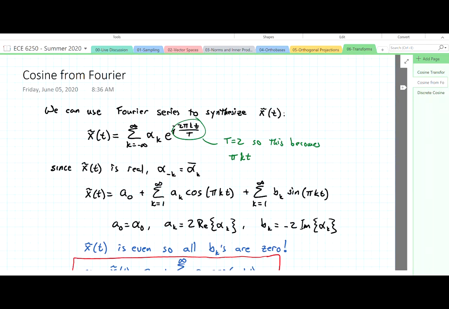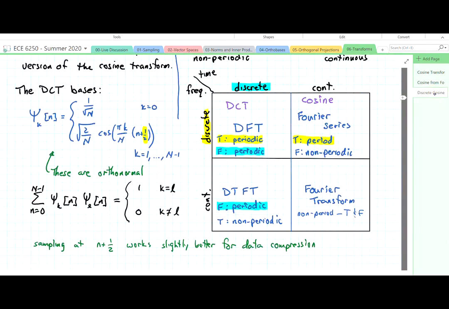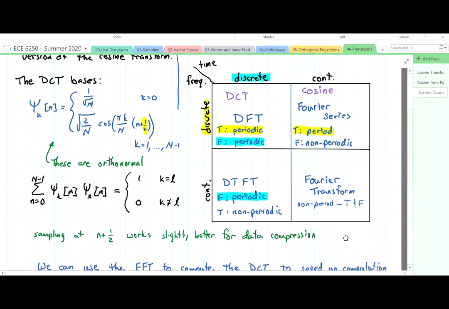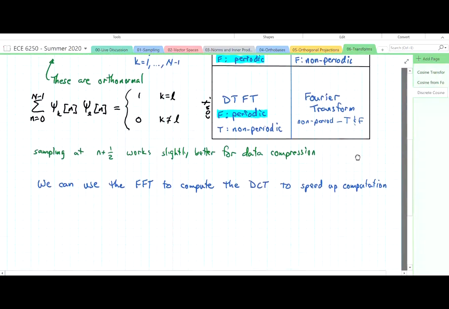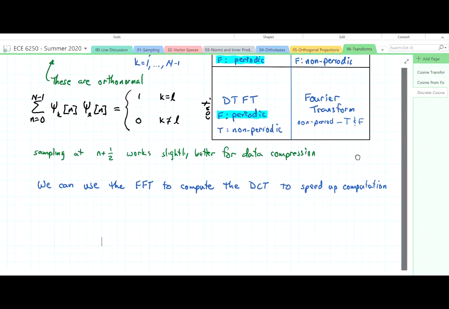Okay, so in the case of the cosine transform, the Fourier series comes from the fact that it's continuous time. So if we have a discrete time, we could do a symmetric extension, and then we would end up doing the discrete Fourier transform on our symmetric extension.